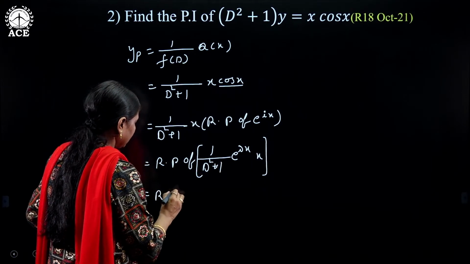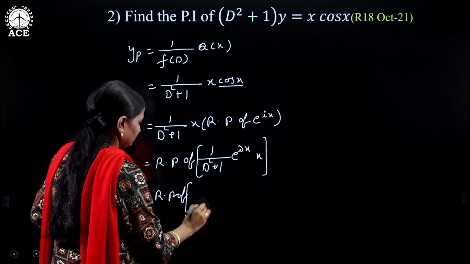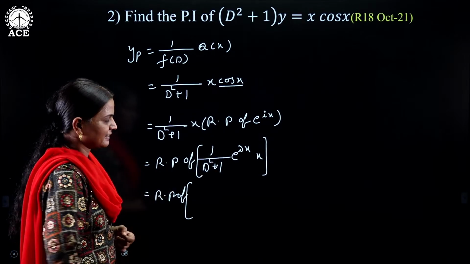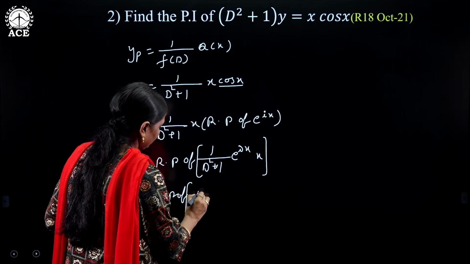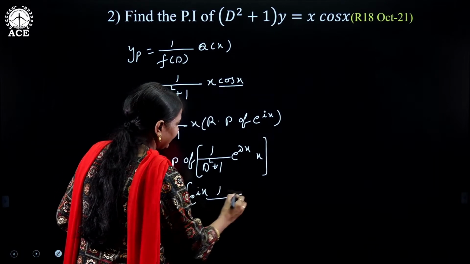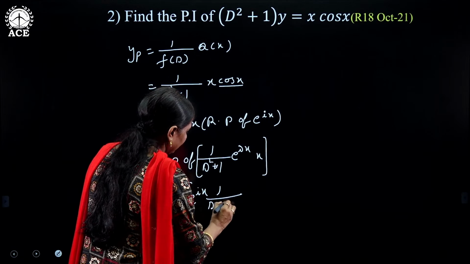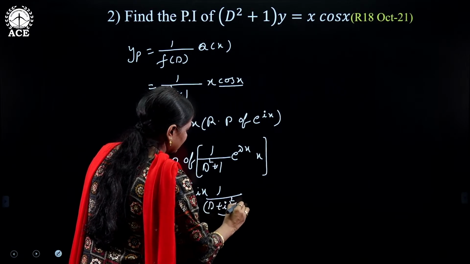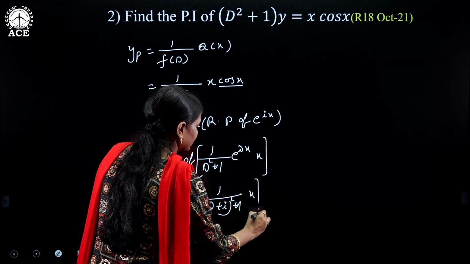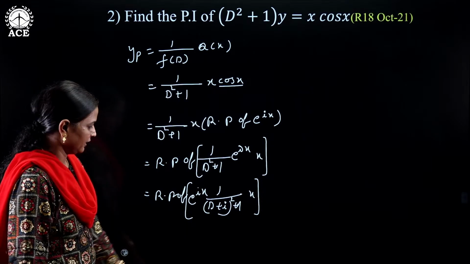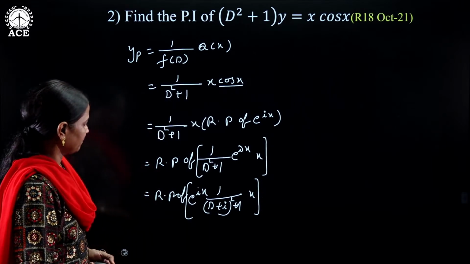What is the procedure? Real part of, take e power ix to the left side and replace every D with D plus i. So that is D plus i whole squared plus 1 into x. Just apply the fourth method.